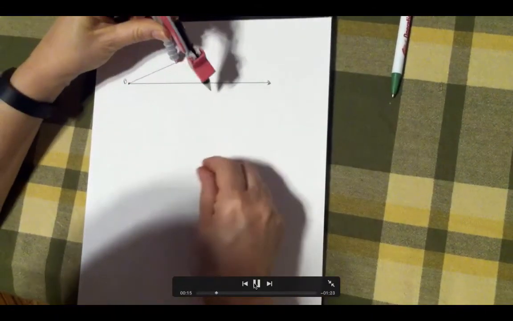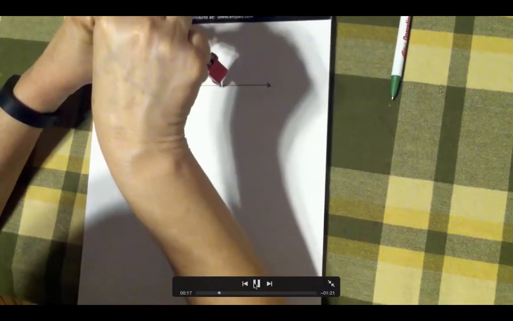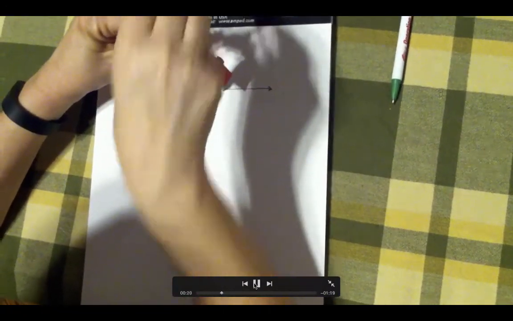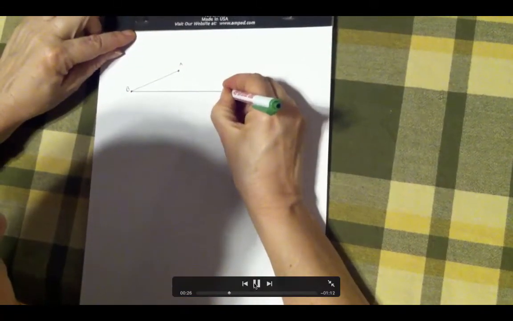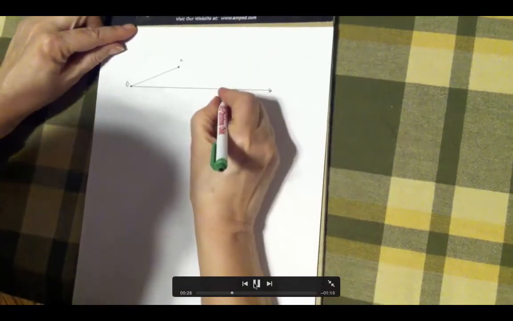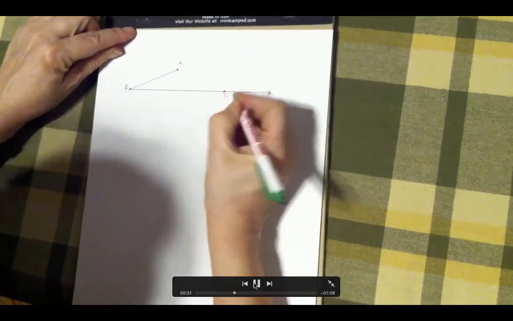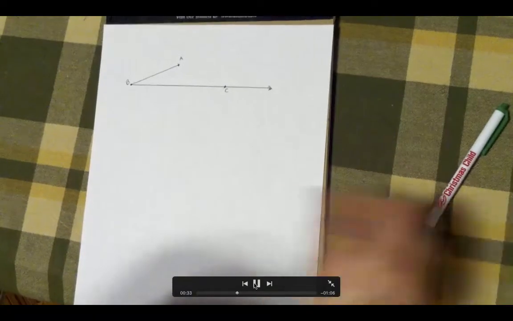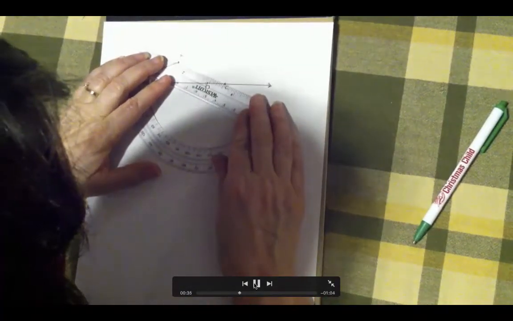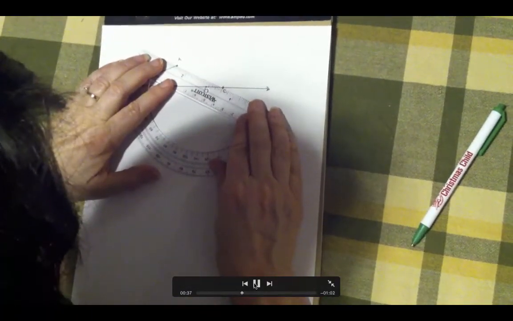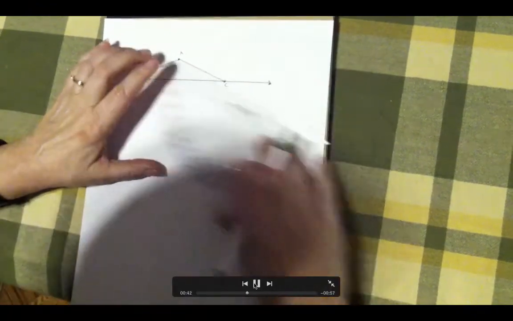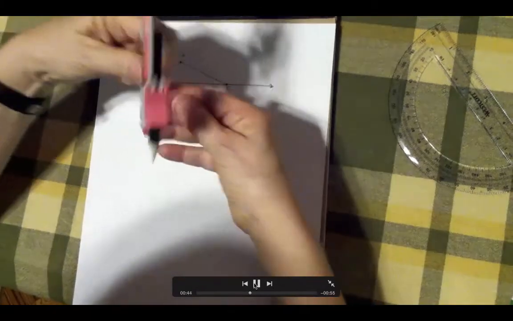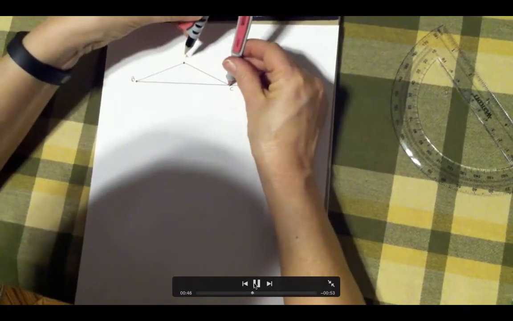Then I'm going to keep my point on the A, and I'm going to go over to the other side of the ray, and I'm making a little mark that is the same distance that A and B was, and I'm creating a new point, and I'm going to call that point C. Then I'm going to connect A and C with my straight edge, and I'm not worrying about measuring. I'm just using a straight line, and I know that AB is the same length as AC because I used my compass to measure it.